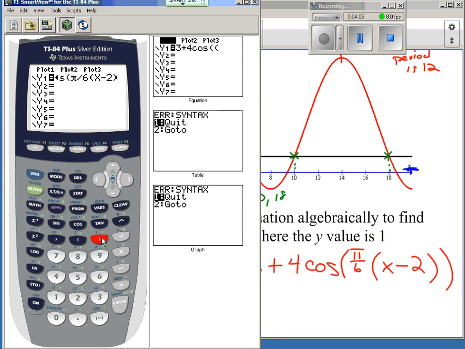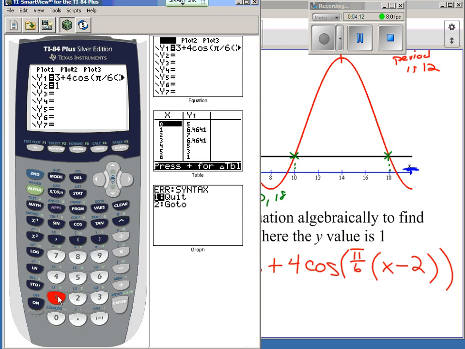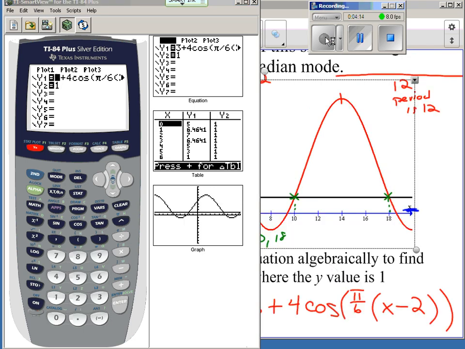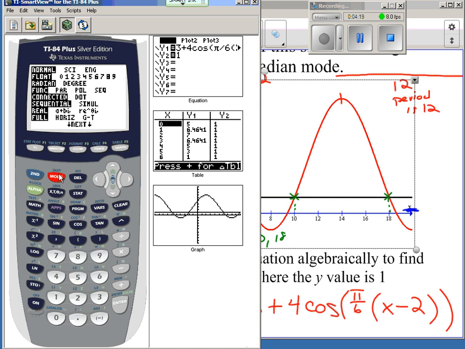So there's my equation, and I could close up my parentheses or not, it doesn't really matter, and I want to find out where that equals 1. And I believe I am in radian mode. It's always a good idea to check that.